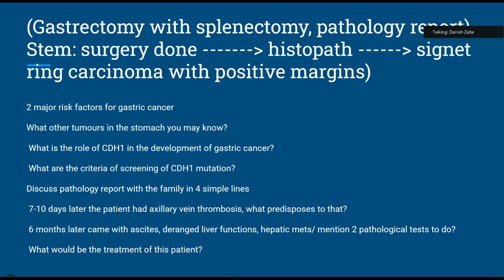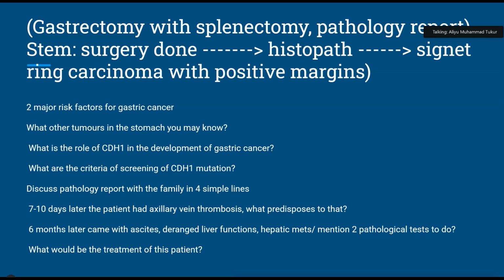So 6 months later, this same patient developed ascites, deranged liver function tests, hepatic metastasis. What two tests will you perform to reach the diagnosis in this patient? In this patient, I will do paracentesis for the ascitic fluid, to do cytology to establish the presence of malignant cells.